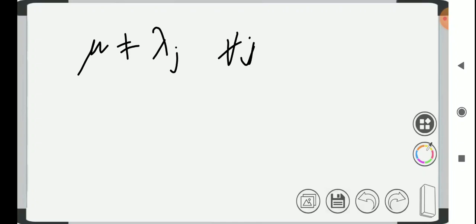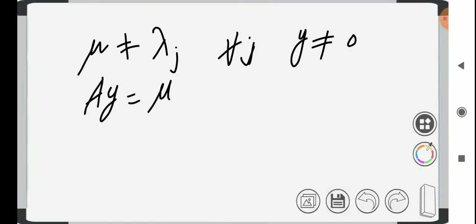And let us suppose the non-zero eigenfunction corresponding to mu is y. We will now prove that this leads to a contradiction. y is our non-zero vector. So since y is an eigenfunction, Ay must be equal to mu times y.